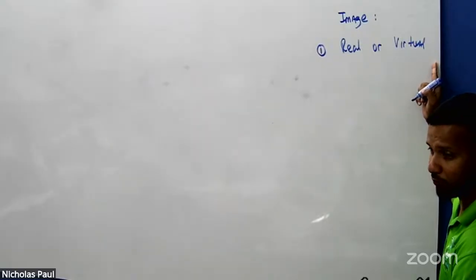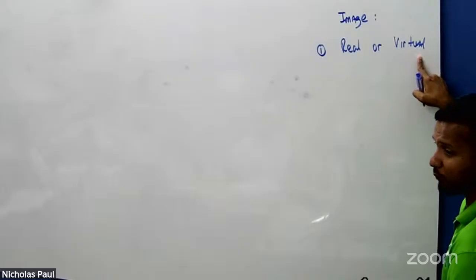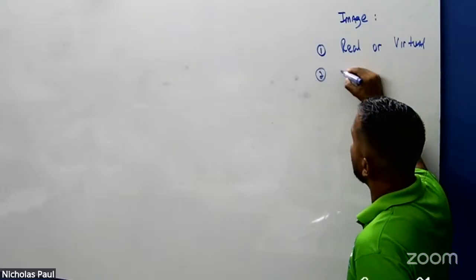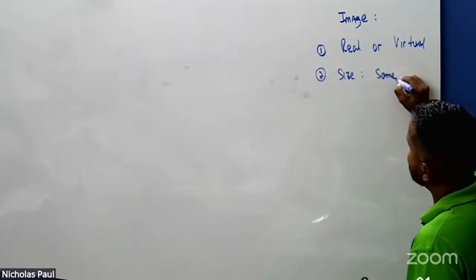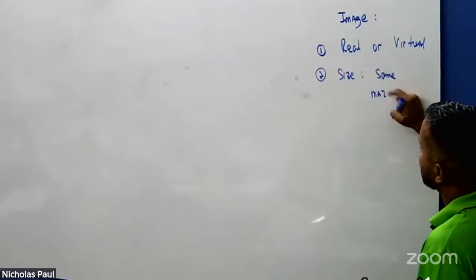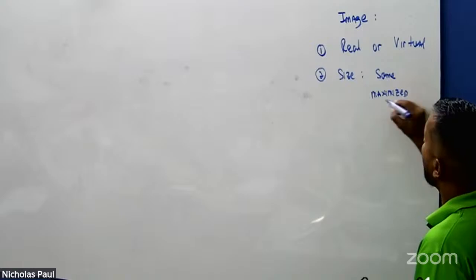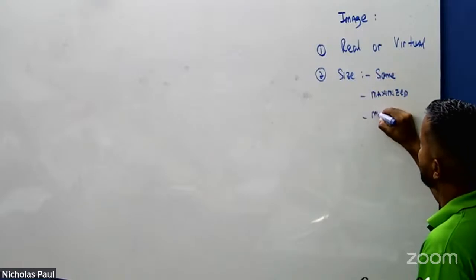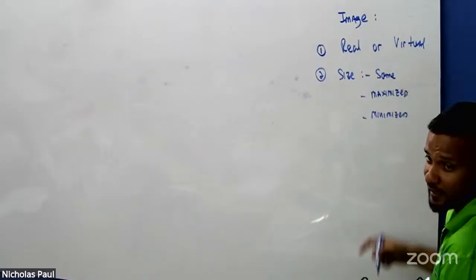If lines meet, real. Lines don't meet, virtual. Number 2, we're looking at the size of the image. The image could stay the same size, be maximized, or be minimized. Those are the 3 things the image could undergo.